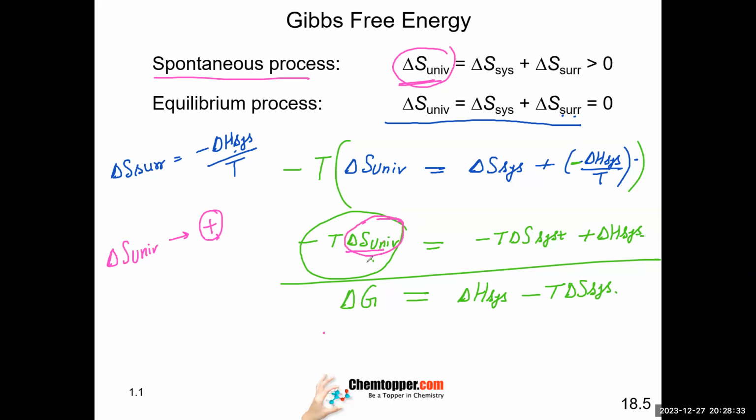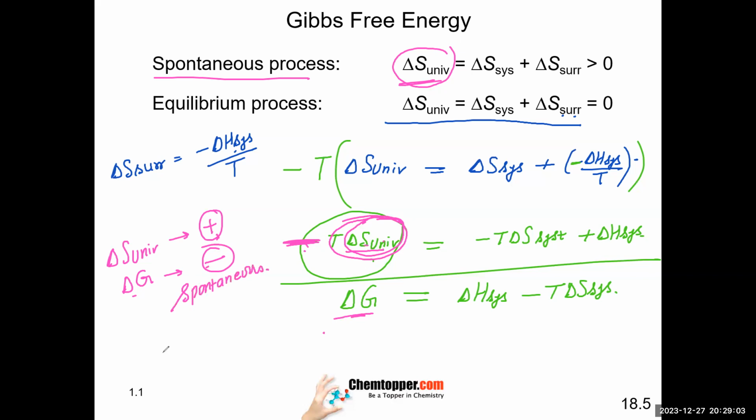If this is positive, then this complete term, minus T delta S universe, is negative, right? So what should be the sign of delta G? Delta G must be negative. Yes, Sanvi. Because minus T delta S universe should remain negative. Delta G is negative for a spontaneous process.